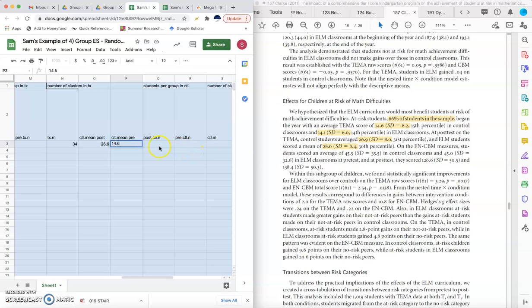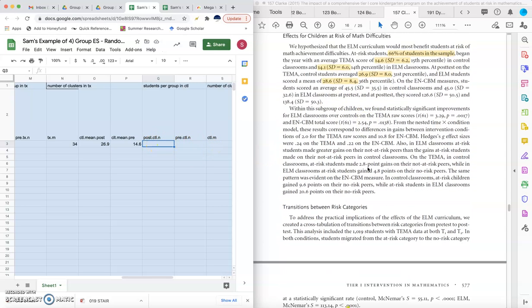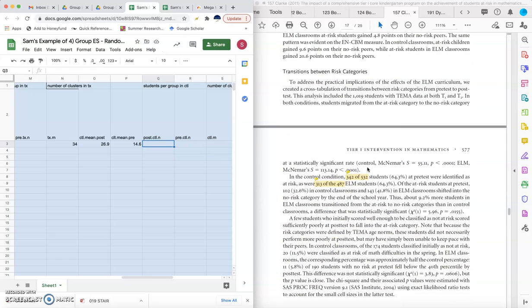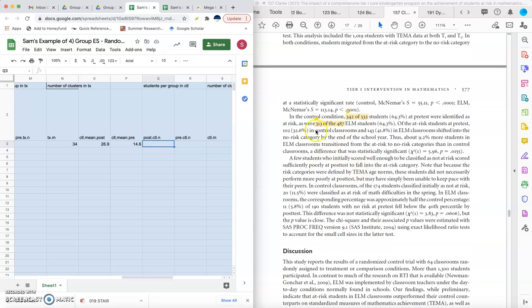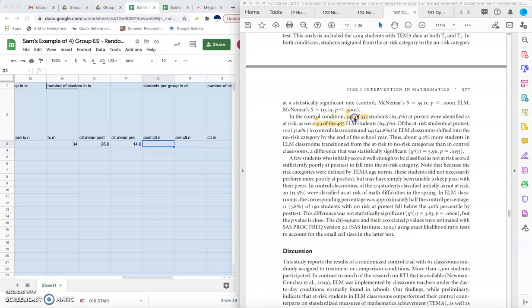Okay, so now I need to find how many students are in these groups or in these classrooms. So I had to keep scrolling down, and I finally found down here a description of how many at-risk students are inside each group. So you can see in the control condition, there are 342 students.